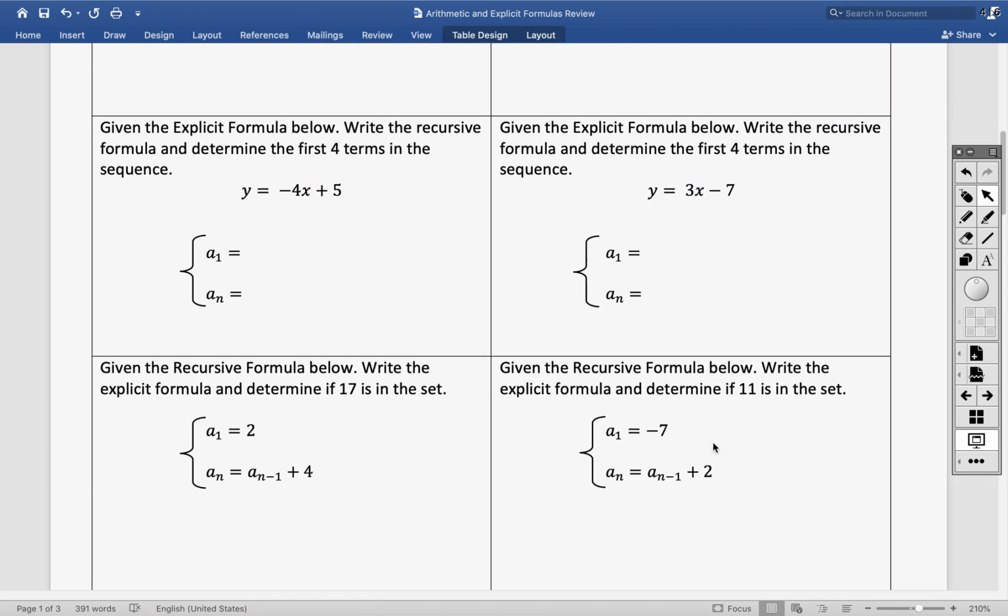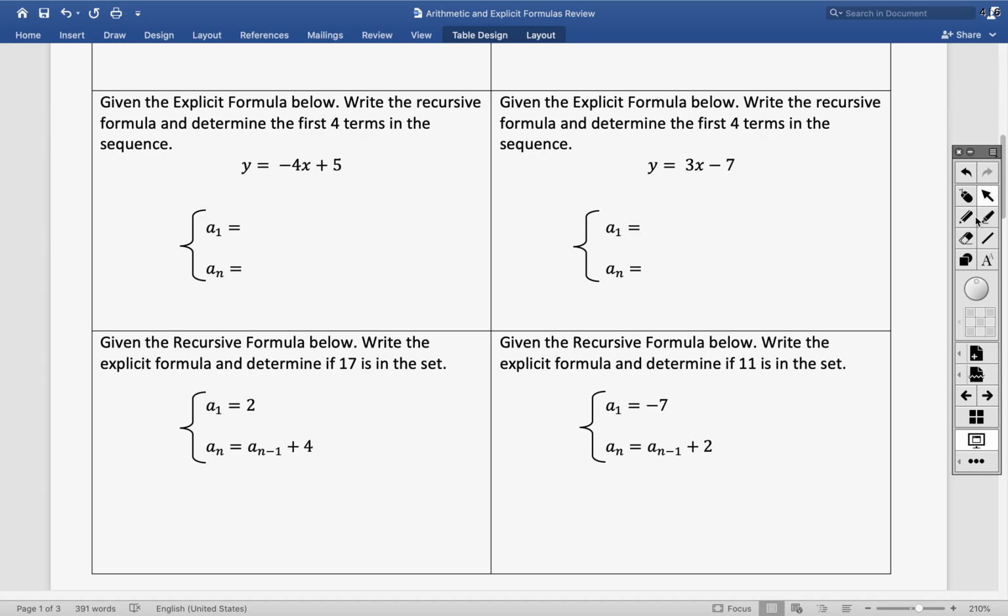Last two types of questions you're going to work on. So now you're going to write the recursive formula and then determine the first 4 numbers in the sequence. Remember, to find the first number, you plug in 1. So that's negative 4 times 1 is negative 4. Plus 5 is going to be a positive 1.